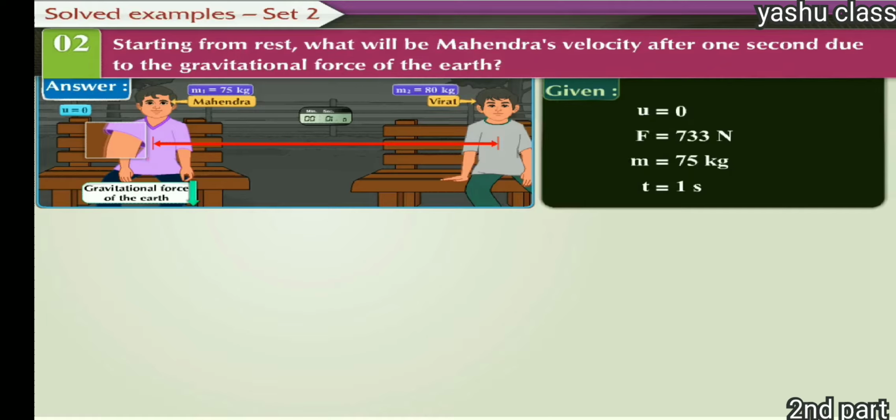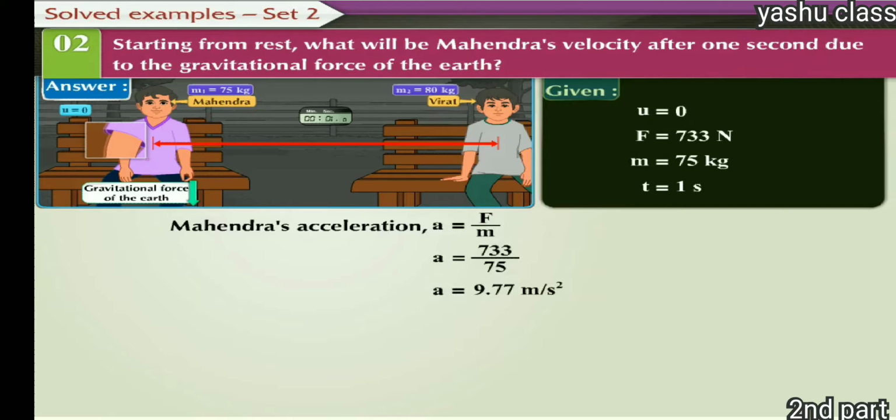Let us first find out the acceleration using the formula A is equal to F upon m. Therefore, A is equal to 733 divided by 75. Therefore, A is equal to 9.77 meter per second square. Now, using Newton's first equation of motion, let us find out the velocity after 1 second.